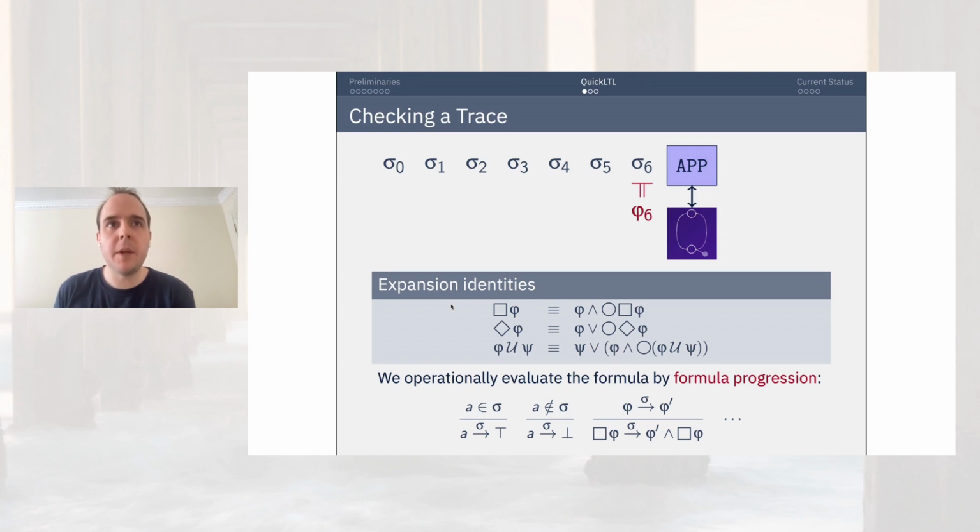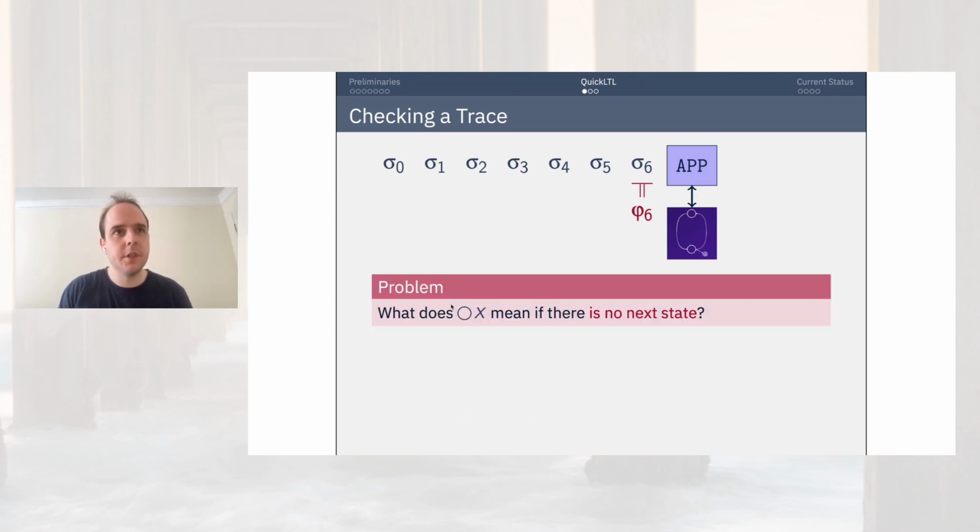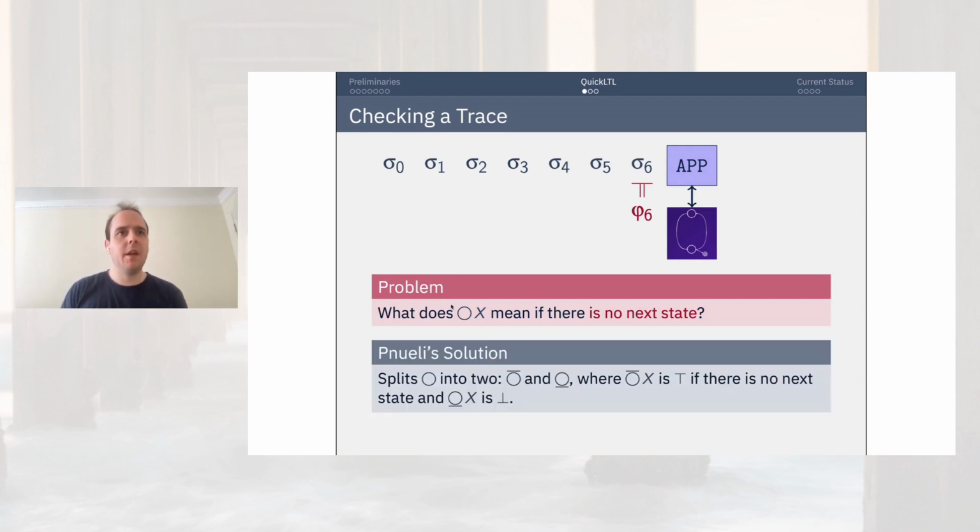But most of the time when we have an LTL formula, it's going to use one of the temporal modalities like always or eventually, which means that we're going to hit the end of the trace at some point, and we need to decide what to do about that. The problem is we've hit the end of the trace here. We're at phi 6, state 6, and there's no more states to get in our trace. So what does next x mean if there's no more states? It's a bit of a problem.